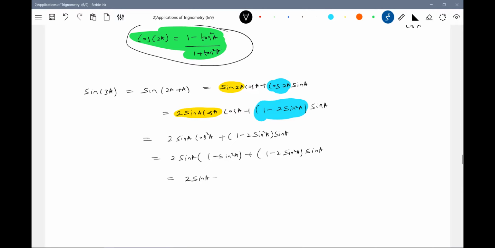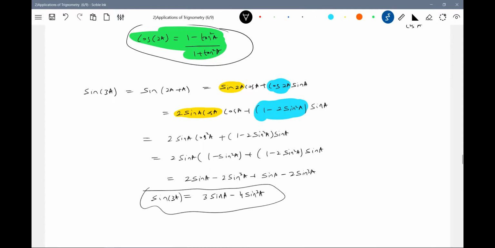What we wanted is just some relationship, so let me expand further. This will become 2 sin A minus 2 sin cube A, plus sin A minus 2 sin cube A. So this becomes 3 sin A minus 4 sin cube A. This will be useful in some calculations, that's why I picked up this one.